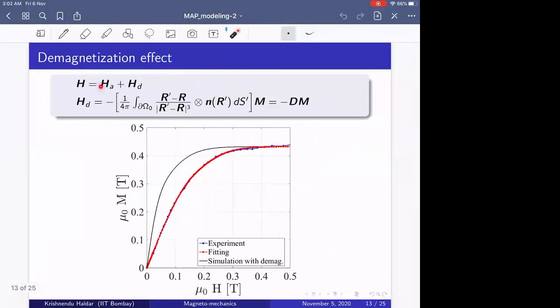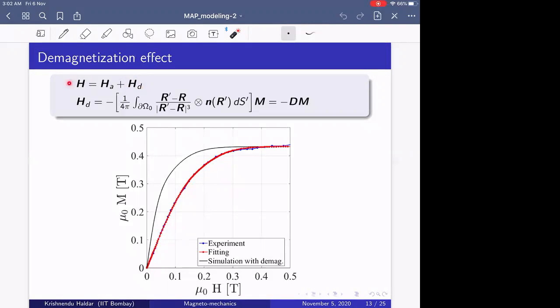So this is HA, the applied magnetic field through this Halbach array in this particular case. And this is true for any case, it doesn't matter whether you are applying this field with a Halbach array, a permanent magnet, or an electromagnet, it is always there. Most of the time, if your specimen is strongly magnetized, your stray or demagnetization field is very strong.